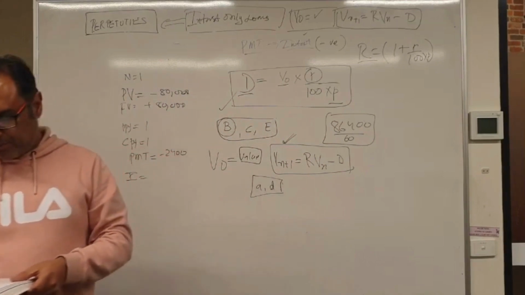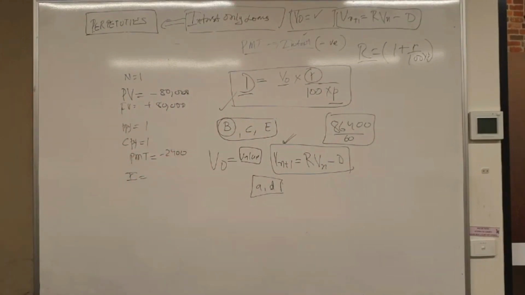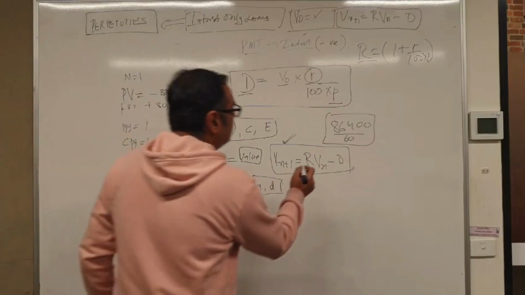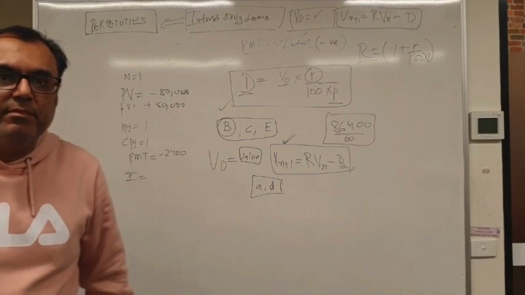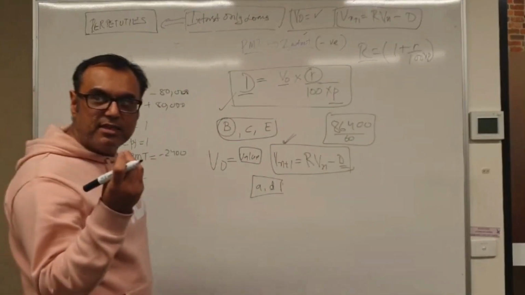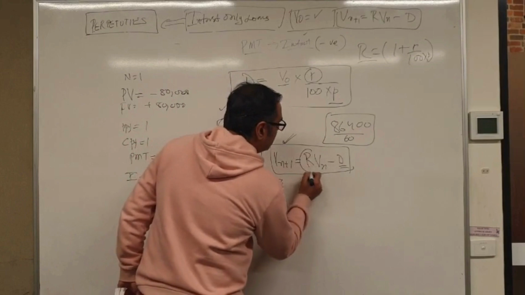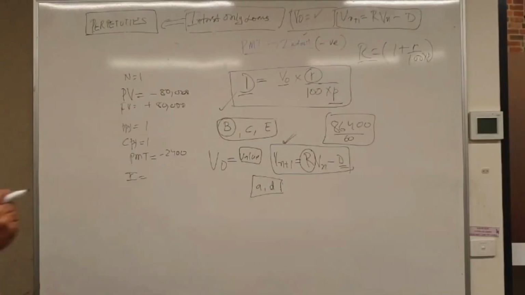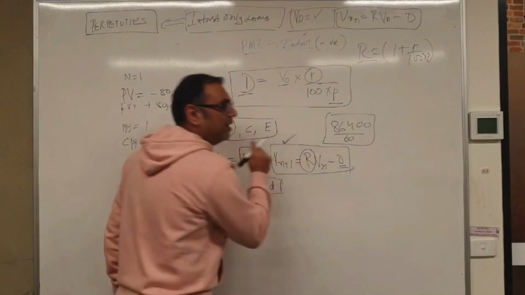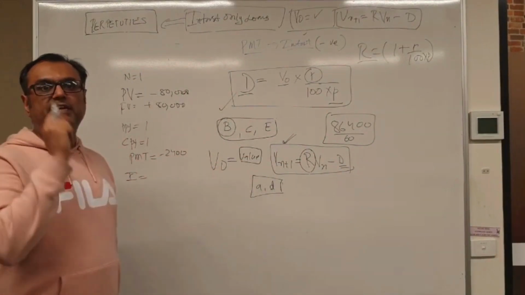I would also ignore the D values, 500, 600, as they're not given. What is remaining is this R, and this R will give me the right answer.